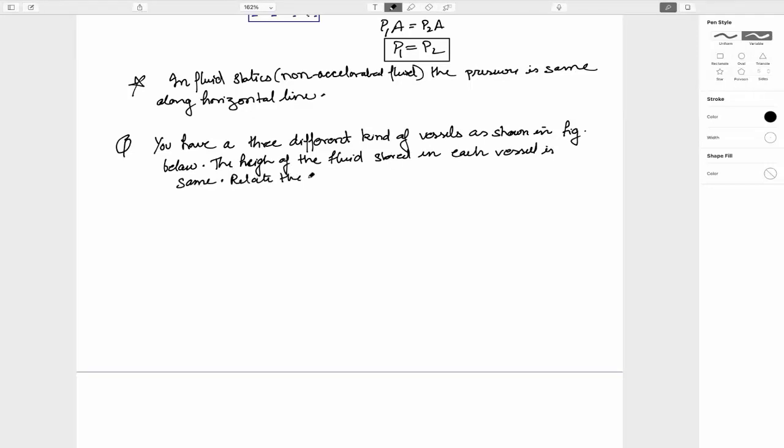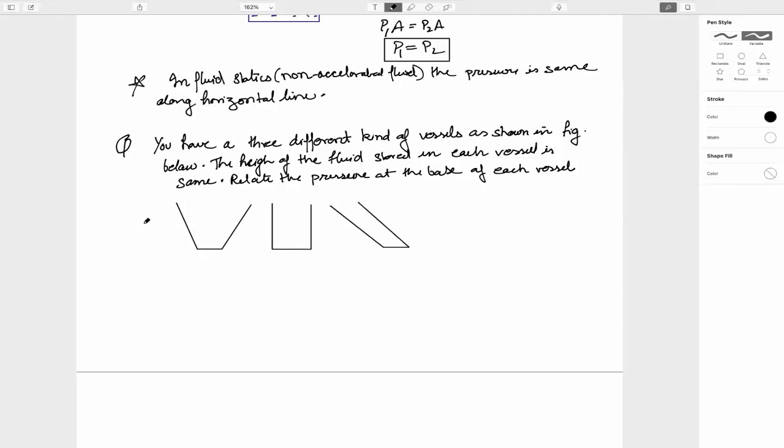Relate the pressure at the base of each vessel. So let's say you have this tumbler like this, you have something like this, you have something like this. So now we have three kinds of vessels, and let's say this is A, this is B, this is C, and fluid is filled here till the height H. So all are at same height.